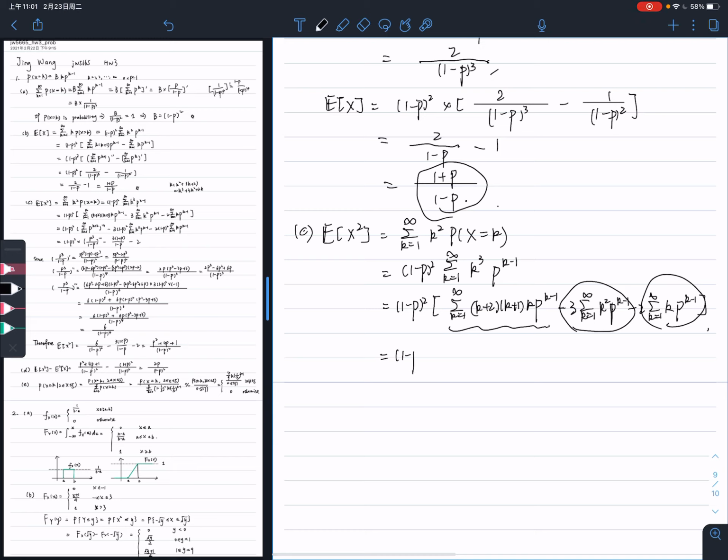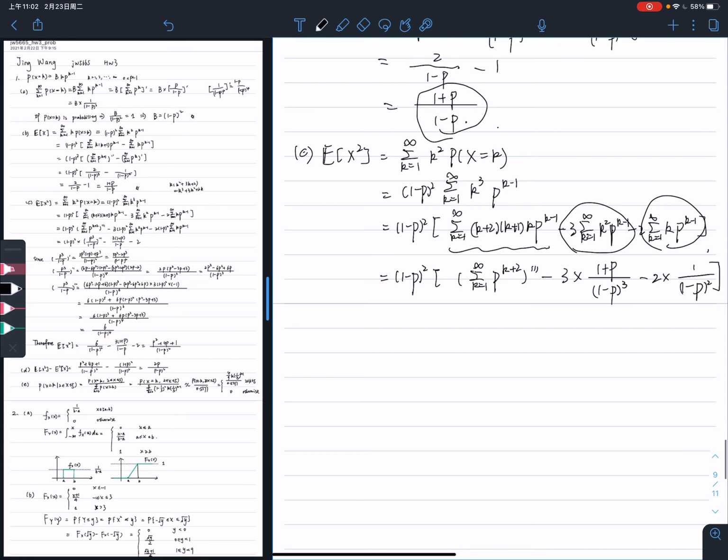It is (1 minus p) squared times the third order gradient of the sum of p^(k+2), minus 3 times the cubed term (1 minus p) cubed (1 plus p), minus 2 times (1 minus p) squared over (1 minus p) squared.